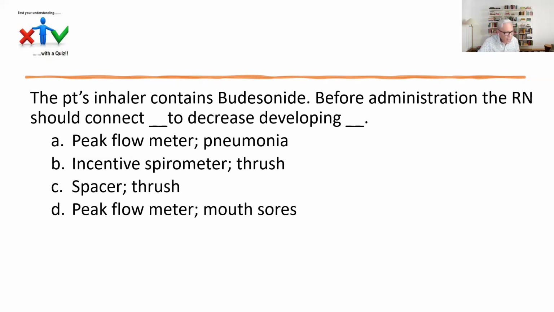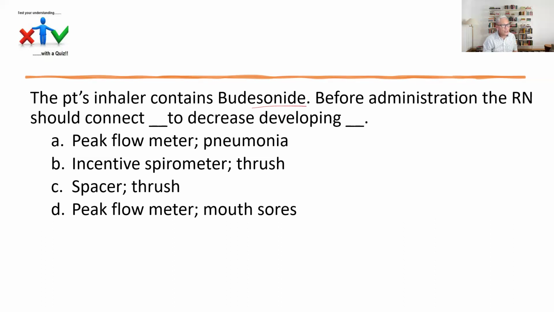Okay, so let's take a look at this question. The patient's inhaler contains budesonide. So what is budesonide? This is going to be a steroid, right? It's an onide. And if it is a steroid, what happens when you give it orally or through inhalation? Well, there's going to be risk of decreasing your defenses in your mouth.